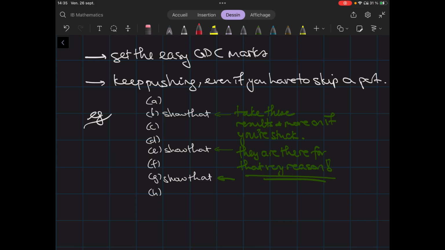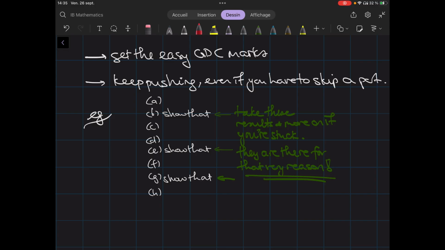Similar to paper 1 and 2, if there is a show-that question, you have to be very careful with the way you present your work because you want to demonstrate that you actually know how to carry out the procedure and are not just pushing your way through to the answer. That said, if you're stuck at part A and you're unable to do part B, the show-that part is there so that you can take that result to solve for parts C, D, and E, and so on.